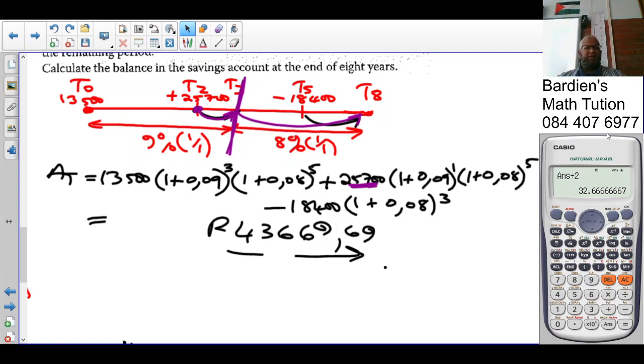Any problems with the odd numbers that you had in exercise 11.3? Okay, what was the issue? Number 9. Anything other than number 9? 3 and 5. 3, 5 and 9.